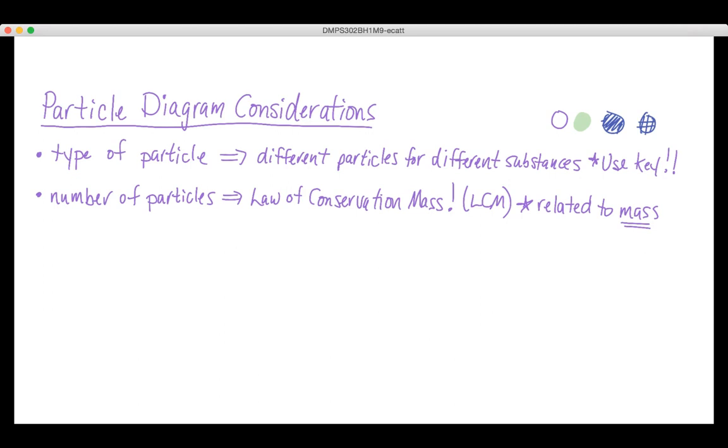So mass was kind of our first big concept, aside from matter, that we looked at. The second big one was volume. I'm looking at particulate first and then the macroscopic idea of this. So we want to look at the space between particles, and this is related to volume.